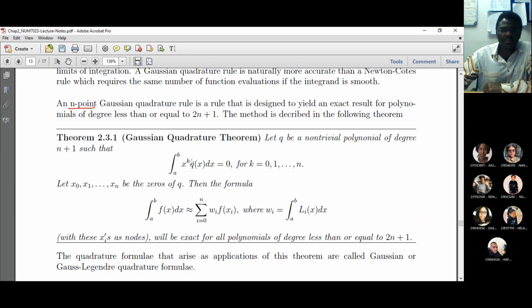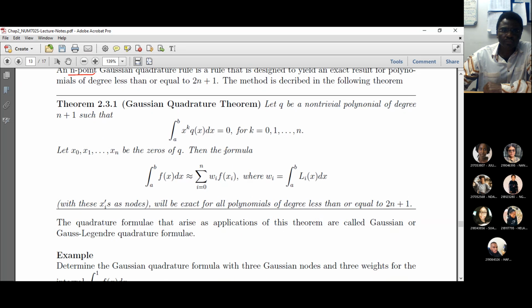Okay, so this theorem gives us the methodology. Actually, it describes the method. The Gaussian quadrature theorem gives us the method to obtain this formula, which we call the Gaussian quadrature formula.